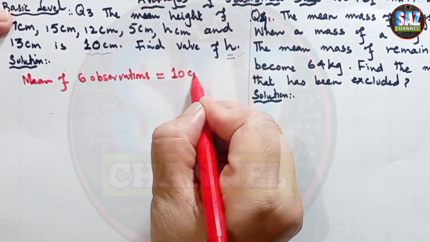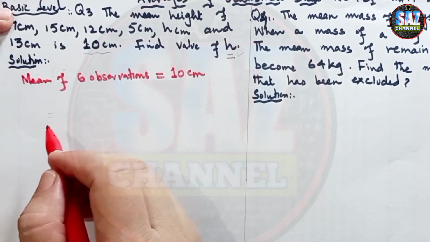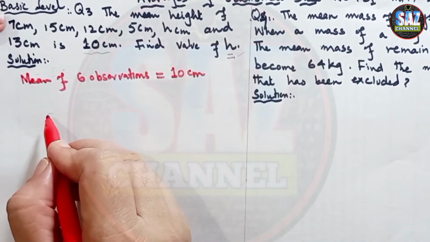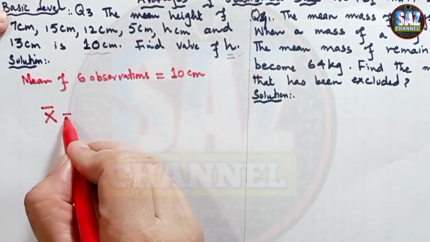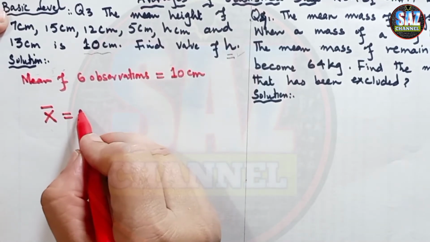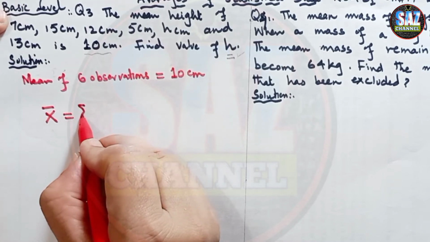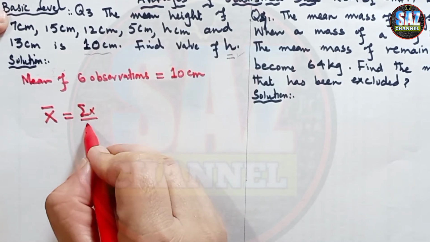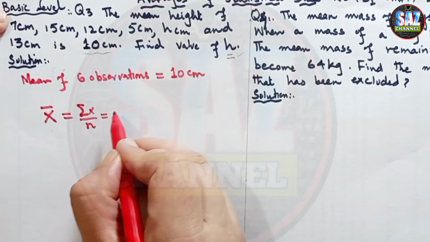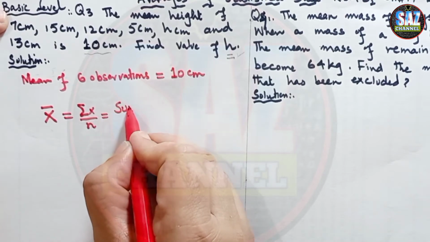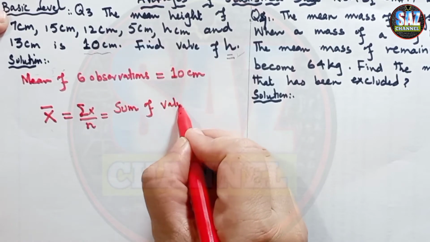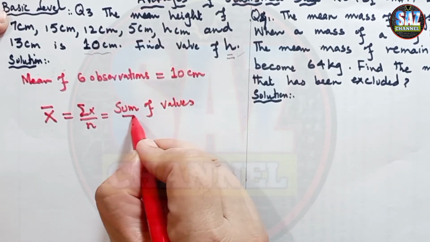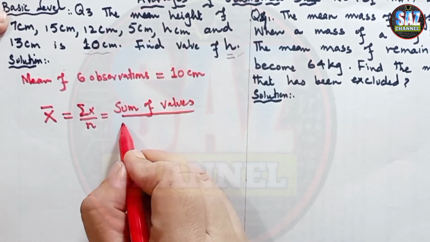centimeter given. Now recall that the formula for the mean is x bar equals the sum of values, summation of x, upon the number of observations.